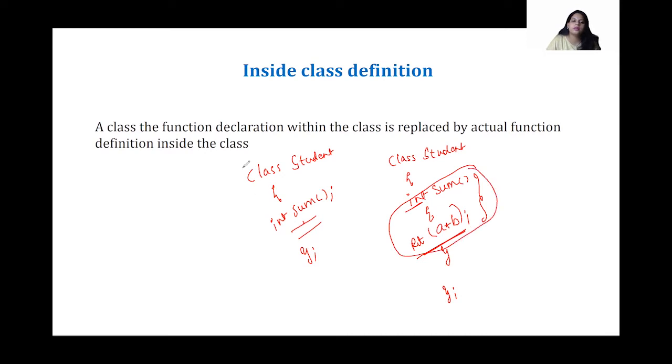That is what it means when a declaration of a function is replaced by the actual function definition. Function definition is nothing but the entire set of code of that particular function. When we write it inside the class, such a function is called inside the class definition. So this is the definition of the class, and we are defining that particular function inside the class definition. That is why this member function is called inside class definition. I hope this is clear.